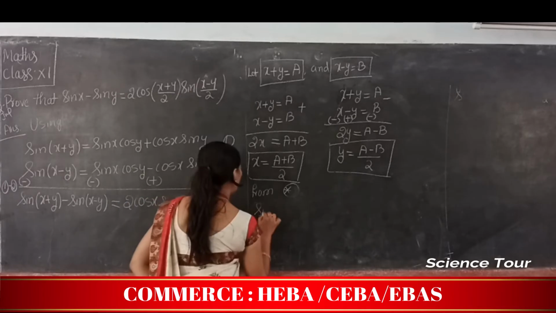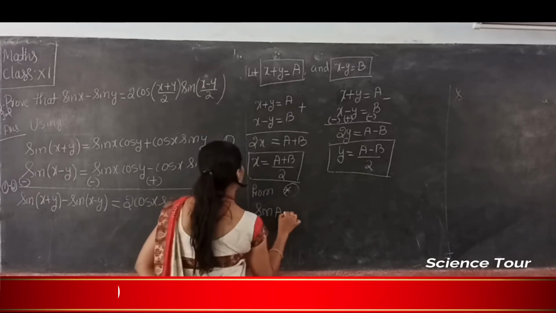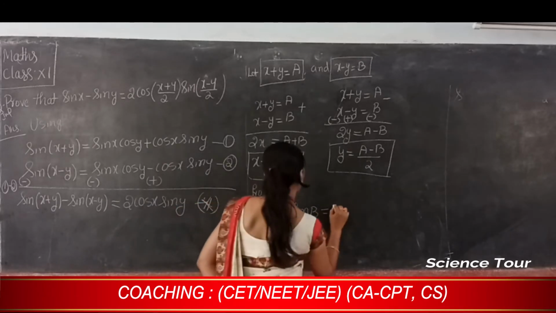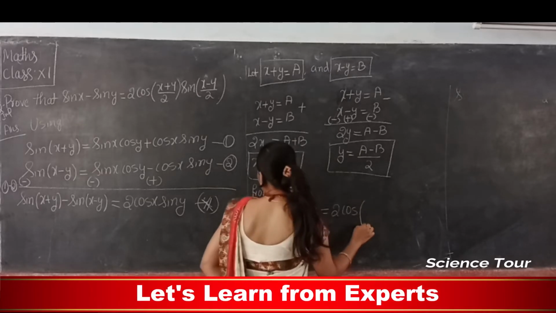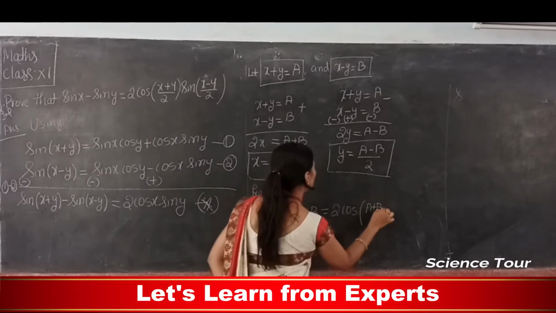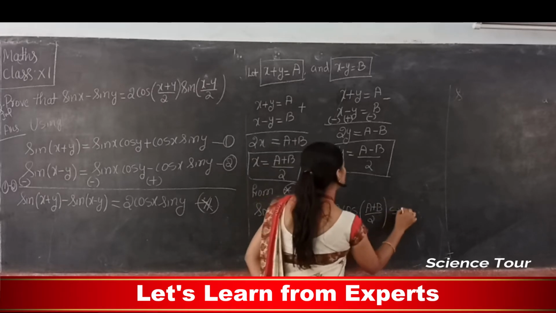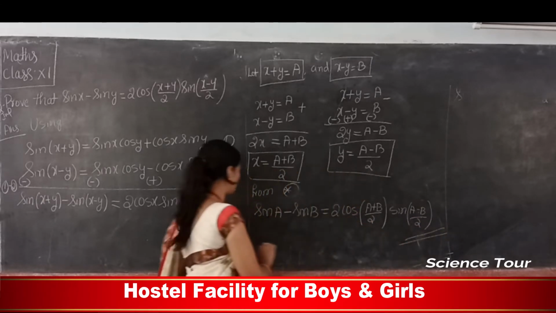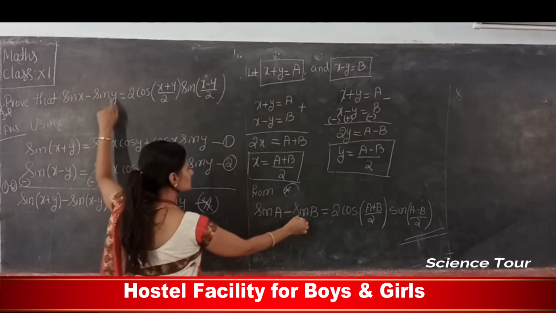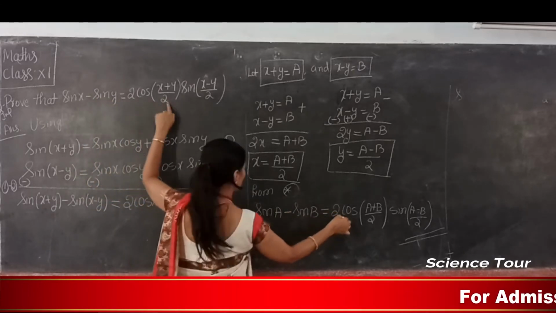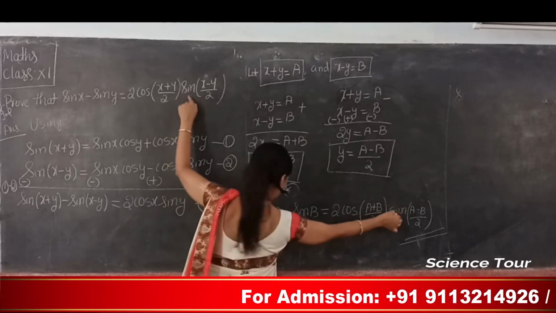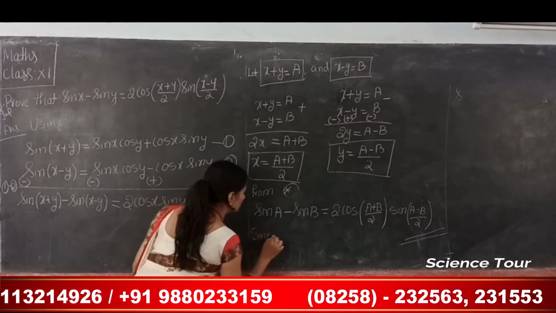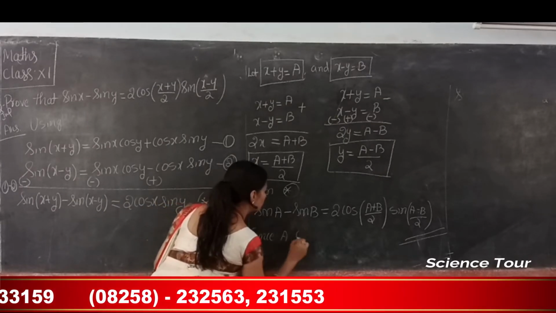So sin x plus y, which is a, minus sin x minus y, which is b, is equal to 2 cos x, where x means a plus b divided by 2, and sin y means a minus b divided by 2. So we got the format. See, sin a minus sin b is equal to 2 cos a plus b by 2 sin a minus b by 2.